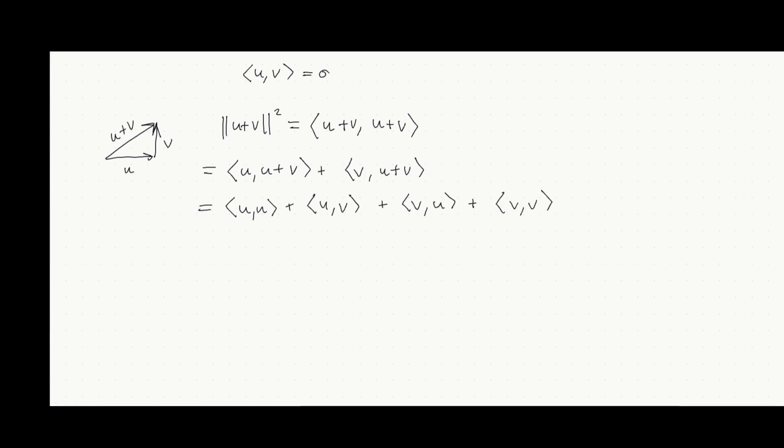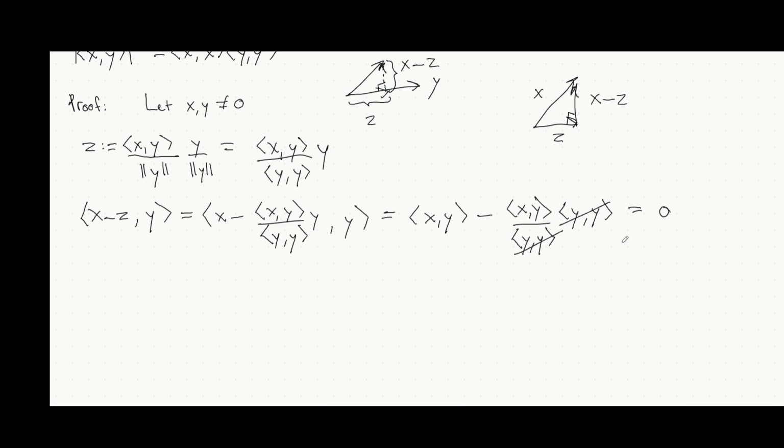Well, since the inner product of u with v is 0, and the inner product of v with u is the conjugate of that, but the conjugate of 0 is also 0, so this is also 0. And so what do we have left? Well, we just have the inner products of u with u and v with v, which is the norm of u squared plus the norm of v squared, which is the Pythagorean theorem.